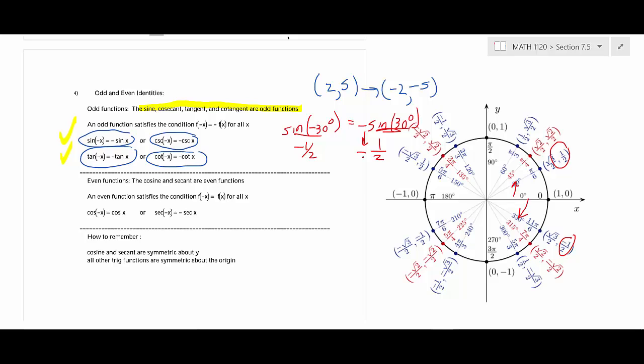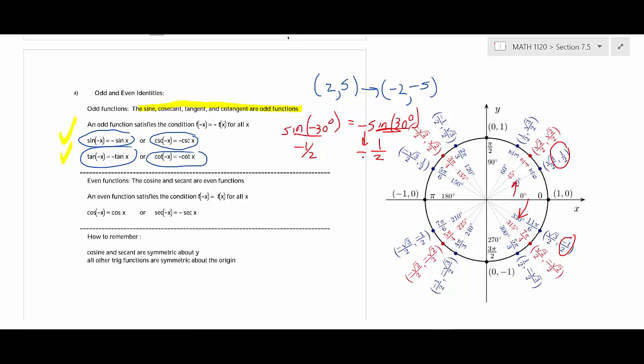So if you look at this now, look at 2 pi over 3 and look at this. Those angles are reflected over the x-axis. Notice the y values are opposite, aren't they? So that's why the sine would be an odd function. The tangent works like this. The tangent's y over x.